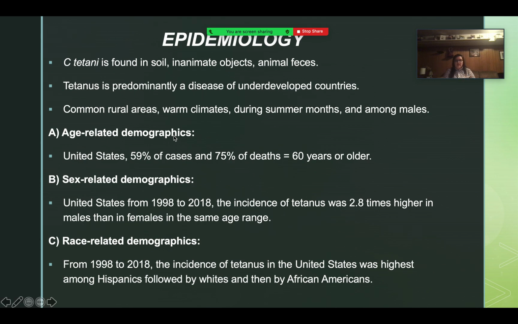The age-related demographics: neonatal tetanus is rare, occurring most frequently in countries without comprehensive vaccination programs. In the United States, 59% of the cases and 75% of the deaths occur in persons over 60 years old.